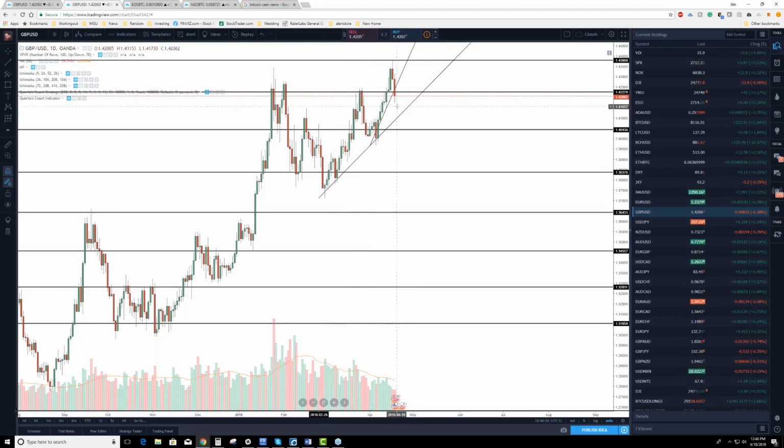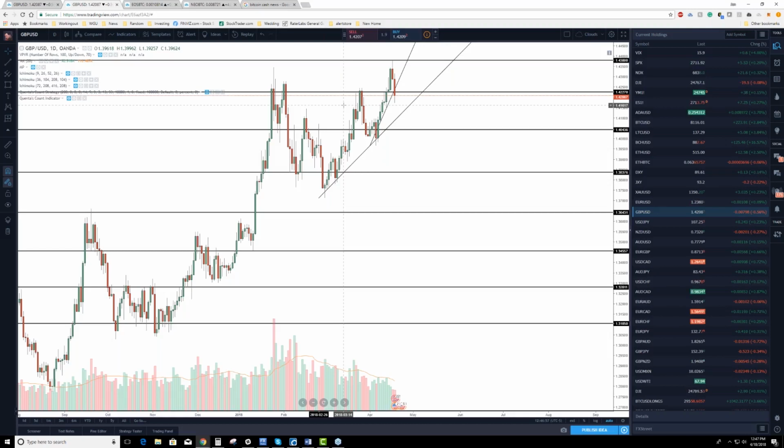For instance, I've got one lot open at 141.27, and I've had that open since the 6th, and I've made $42.25 on that swap.